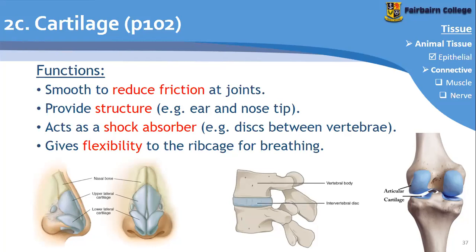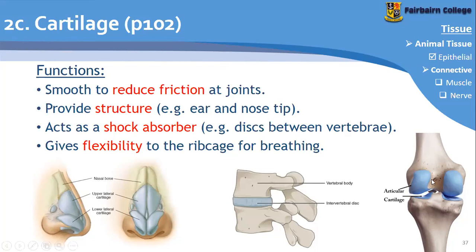And that would be a problem in your bone because your bones are also hard, and if they rub against each other, that would be a problem. So in order to reduce this, you have cartilage in between your bones that prevents this rubbing and this friction, which will damage the bones.